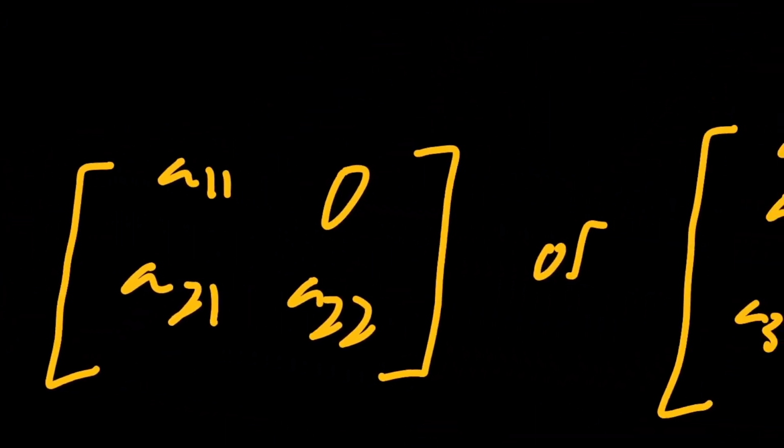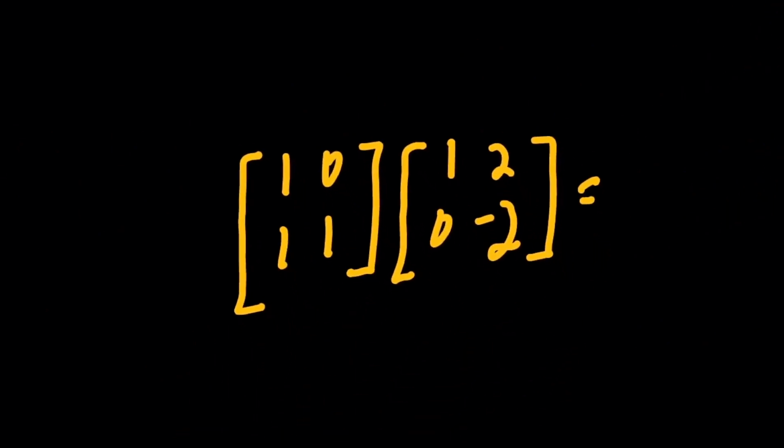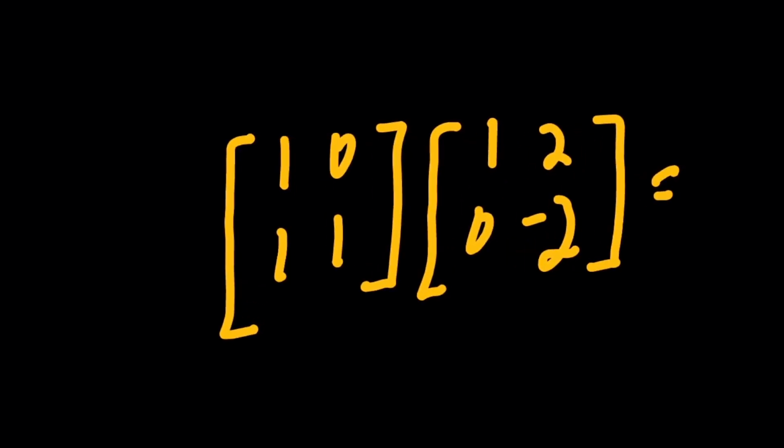Let's go back. Oh yeah, this would be our L. And therefore, with that out of the way, this would be our U, where L is the lower triangular matrix, and U is the upper triangular matrix.